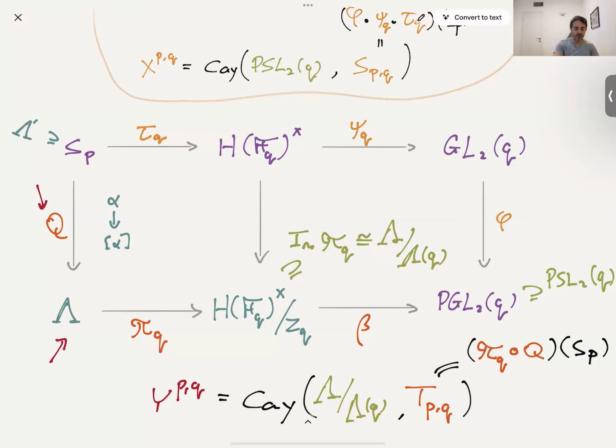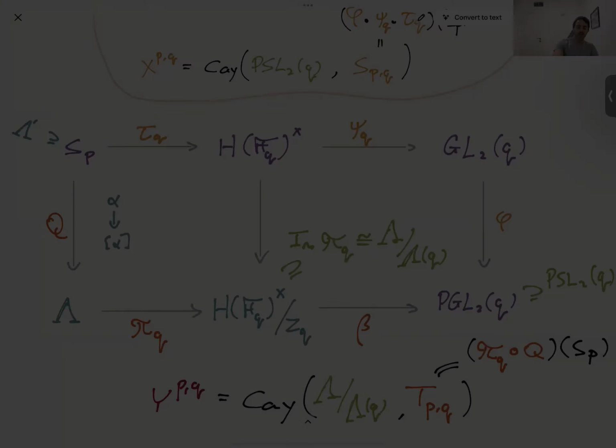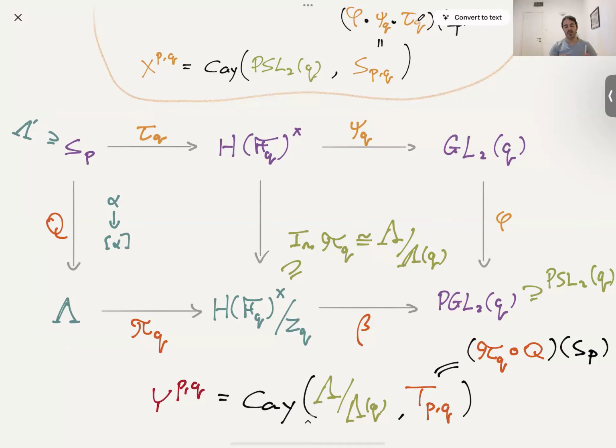We got lambda. So these are classes. Alpha goes to the class of alpha under this equivalence relation. We said tau Q generally is a map from integral quaternions to FQ quaternions, just reducing by Q. And we said that when you restrict that map to lambda prime, that map descends in a well-defined manner from lambda to this quotient group.